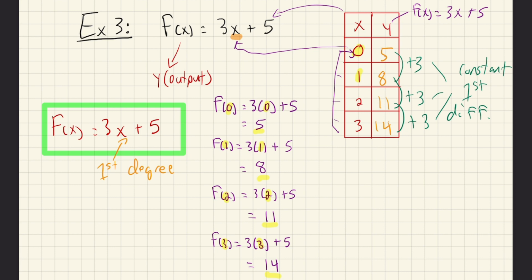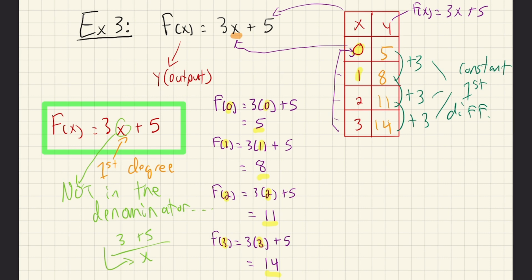Lastly, and this is something that rarely comes up, when I look at this equation here, I can see that this x is not in the denominator. And what we mean by that is that it's not written like 3 plus 5 over x.